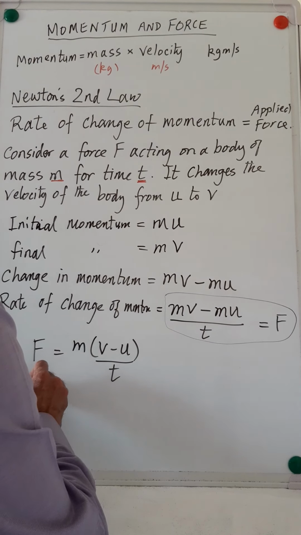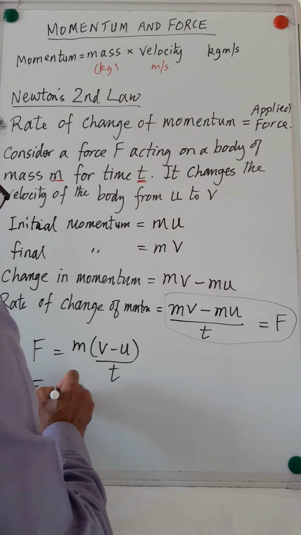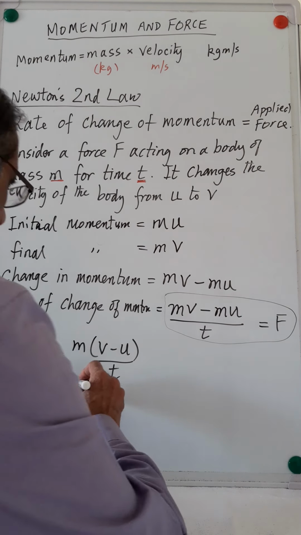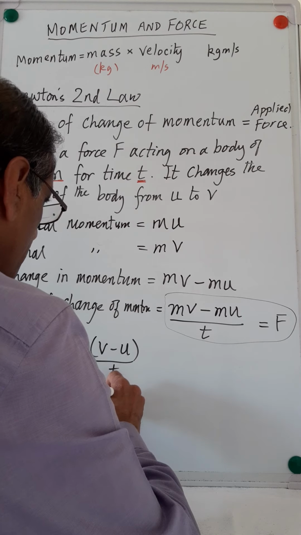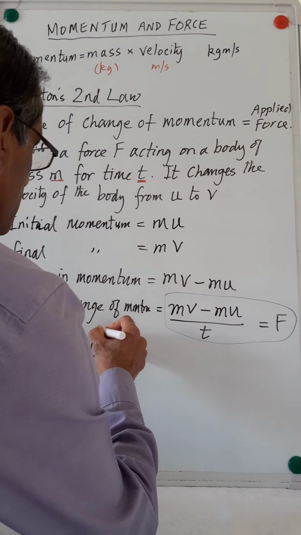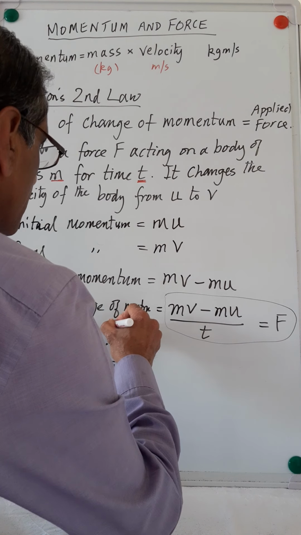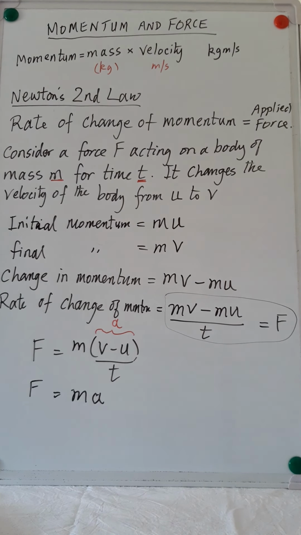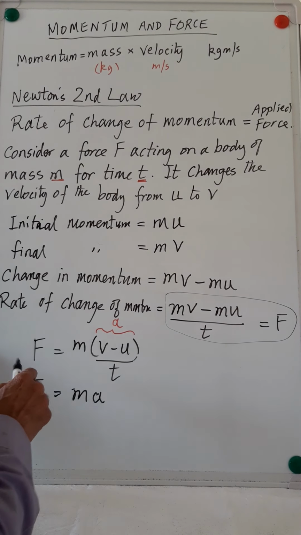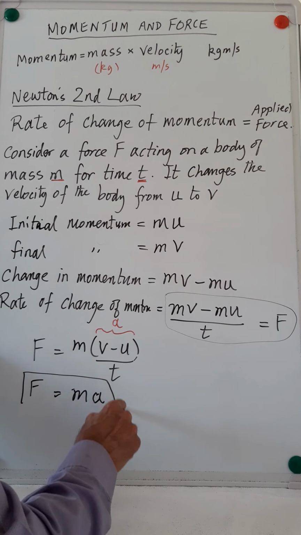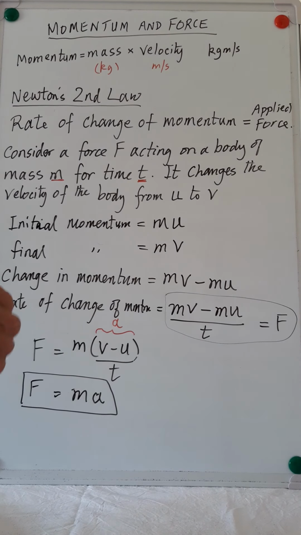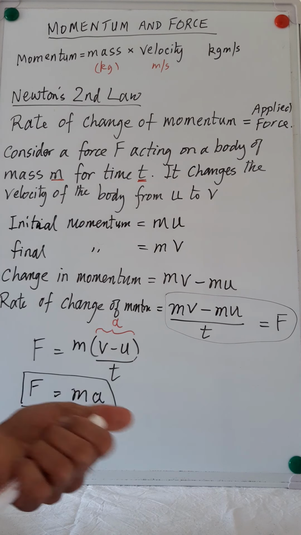So v minus u over t is the same as acceleration, a. So force equals mass times acceleration.